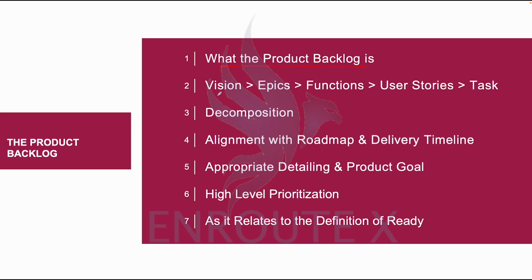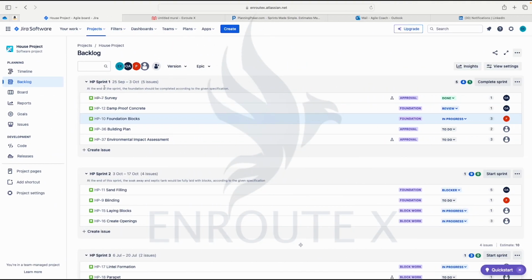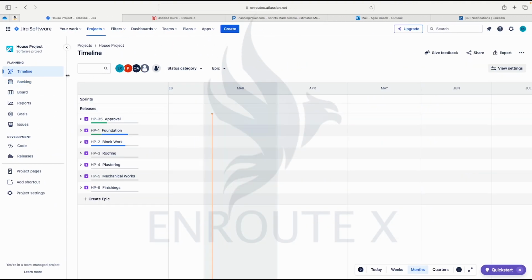And this is the direction. There is a vision from the stakeholder, but the vision is broken down into epics. Let's see that in just a bit. The vision here would be the house project. The house project itself is now broken down into epics.